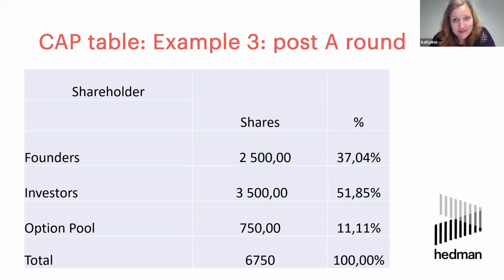Post A round cap table looks a lot different. Here you can see that the founders hold only 37% and the investors hold the absolute majority already. And the option pool is 11%, which is rather standard.